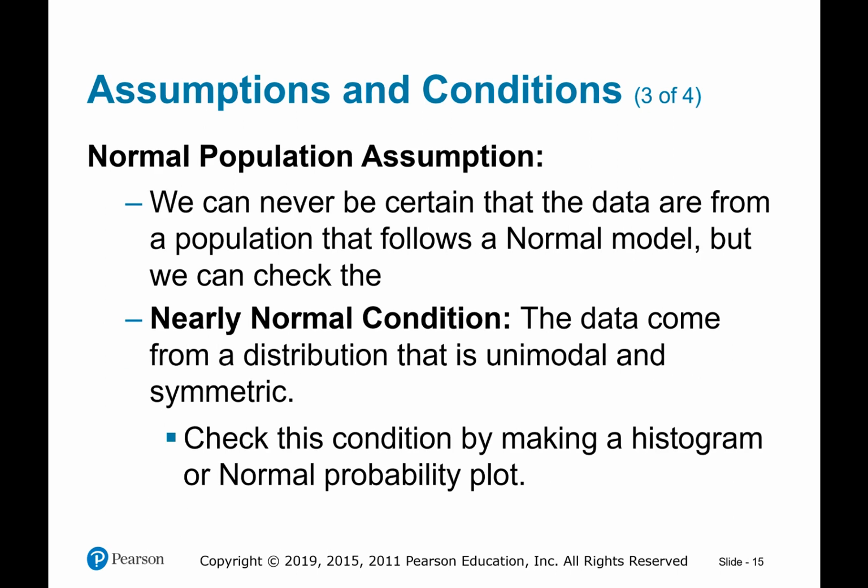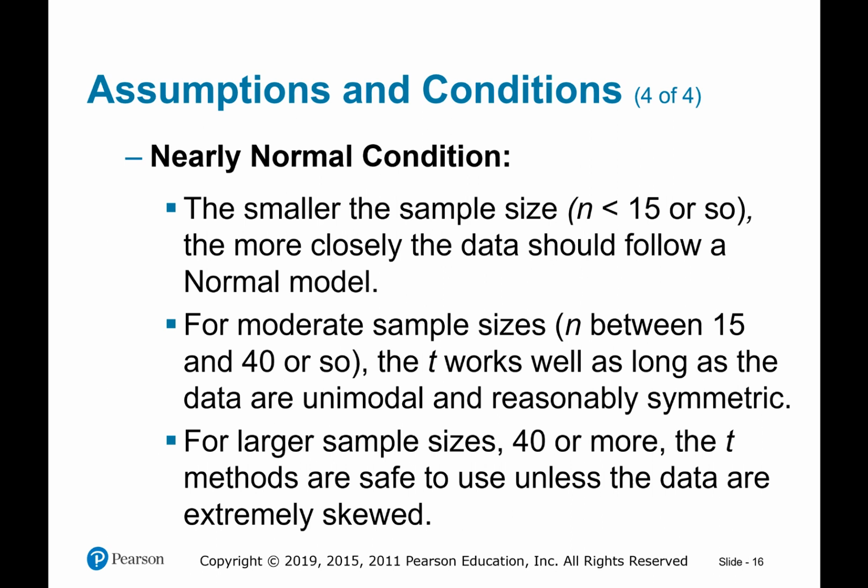The nearly normal condition: the data come from a distribution that's unimodal and symmetric. If n is less than 15 or so, maybe the normal model is better. For moderate sample sizes, say between 15 and 40, the T model is the one that we're going to use.